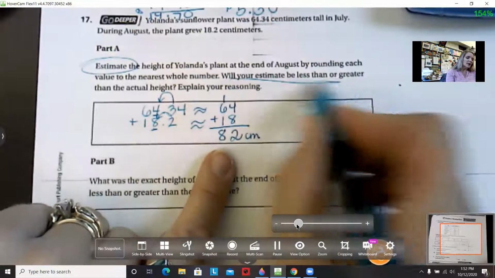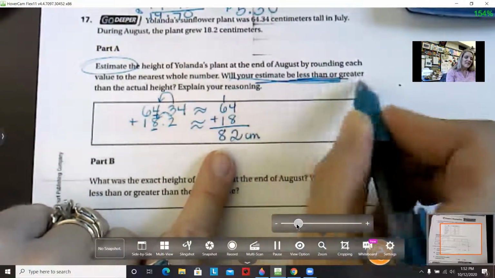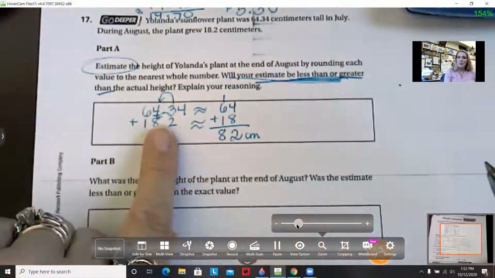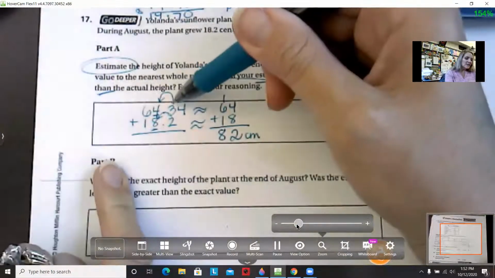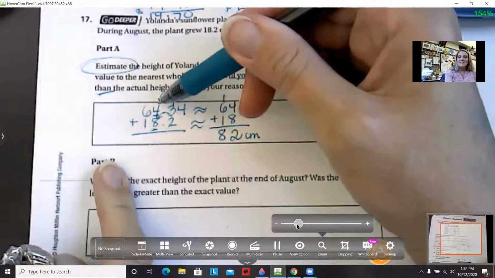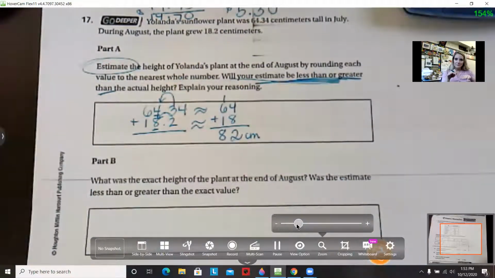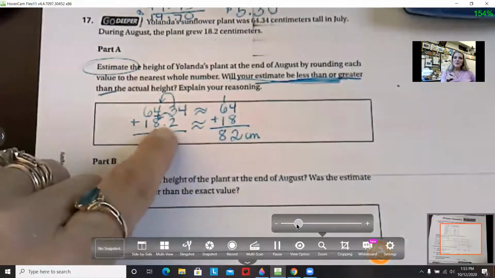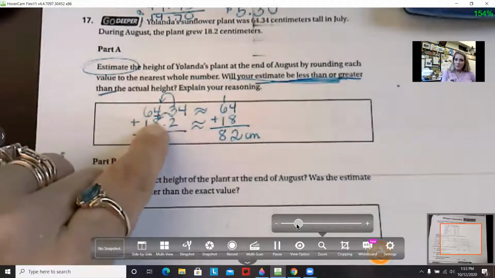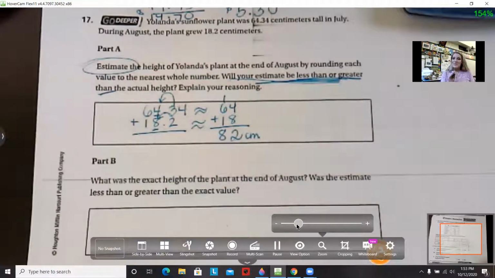Now it says here, will your estimate be less than or greater than the actual height? So I want you to think about this, kiddos. We had to round 64 and 3/10 down to 64. So that means we lost this much of the plant height. 18 and 2/10, we also rounded down. So we rounded it down so it's a smaller amount than it is.